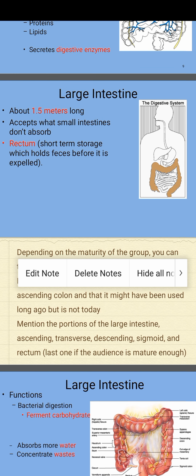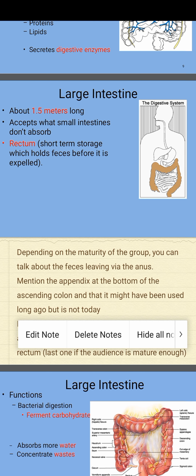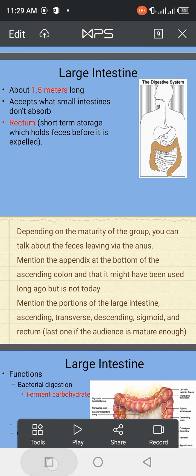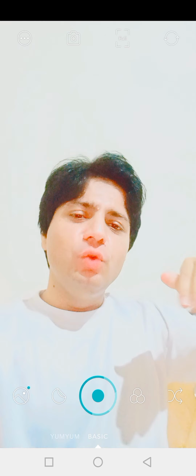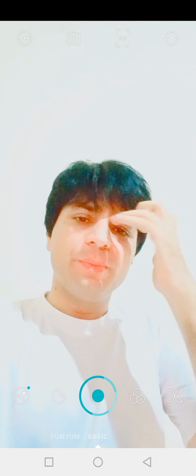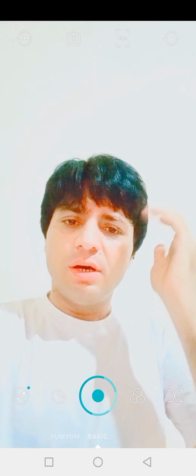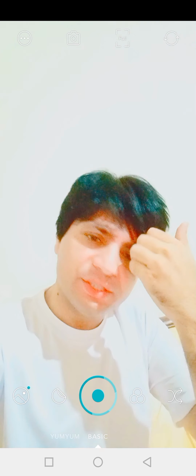What I must discuss with you is the rectum. Before the food is expelled out of the body, the rectum is the point where the food is kept by the body for a short time.